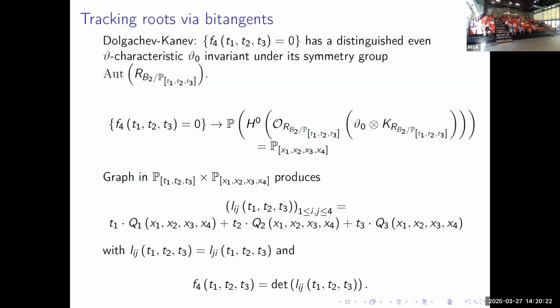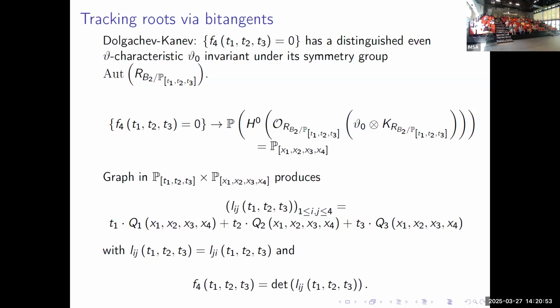What is the theta? You say that this theta. Okay, yeah, that's a little bit of a cheat. What they showed was that you have two spaces, the moduli space of plane quartics and the moduli space of plane quartics with an even theta characteristic.